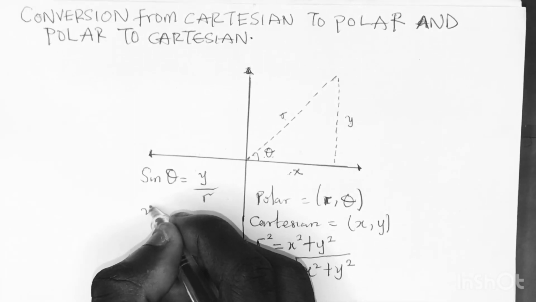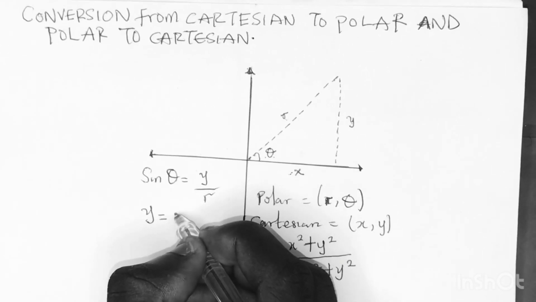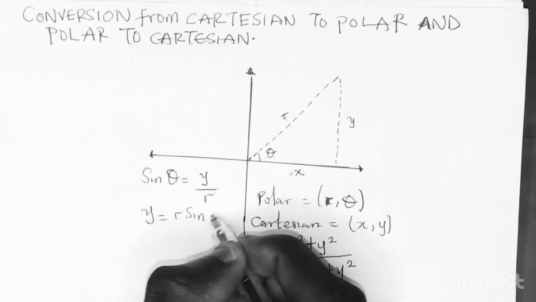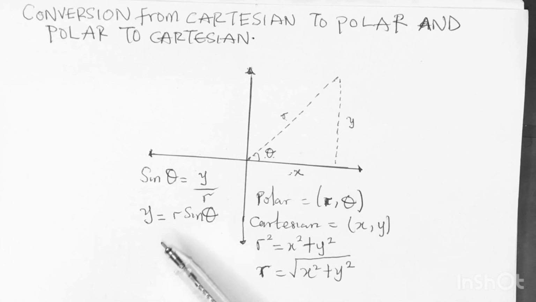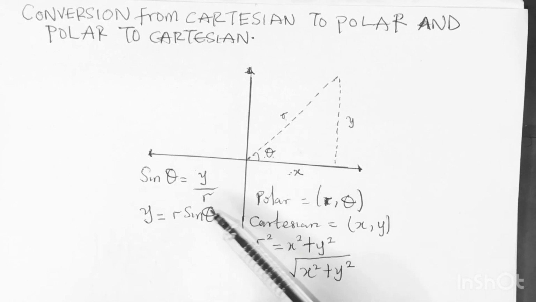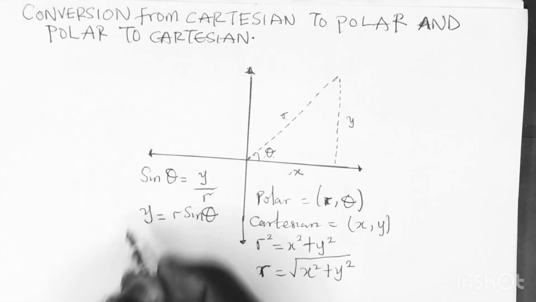So my y will be r sine theta. That means if I want to convert from polar to Cartesian, I will use r multiplied by sine theta, and that will give me my y.